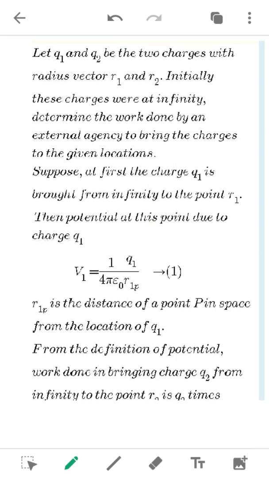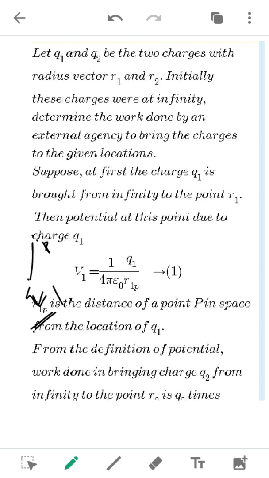So let us say there is a single charge q1 in the space and there is a point P anywhere in the space. So we will consider the potential due to this charge q1 on the point P. This we have already derived.